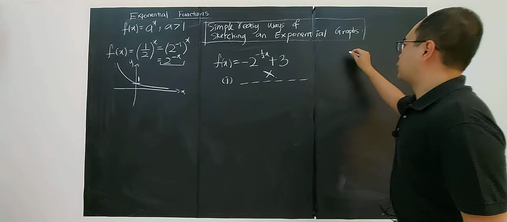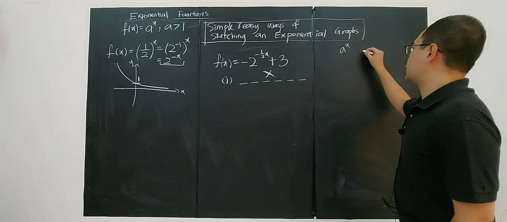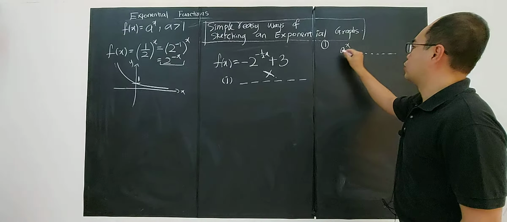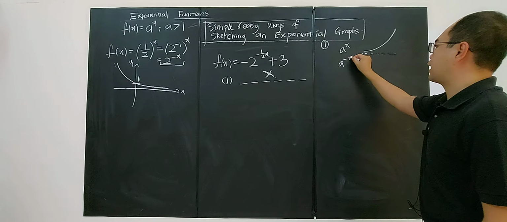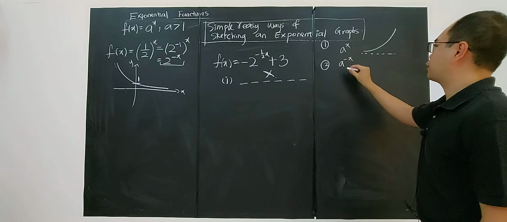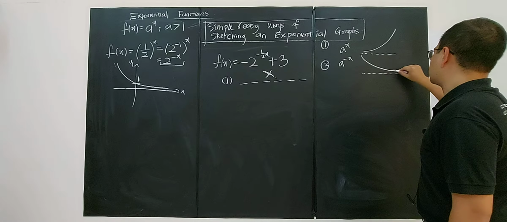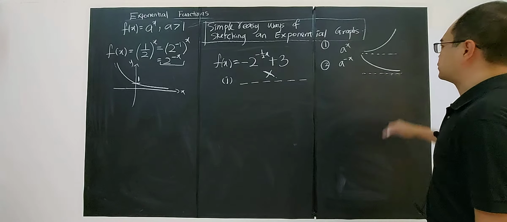And this is something that you must know: for a to the power of x, the graph will be moving this way. For a to the power of negative x, the graph will be moving in this way, right? So this will be your horizontal asymptote.